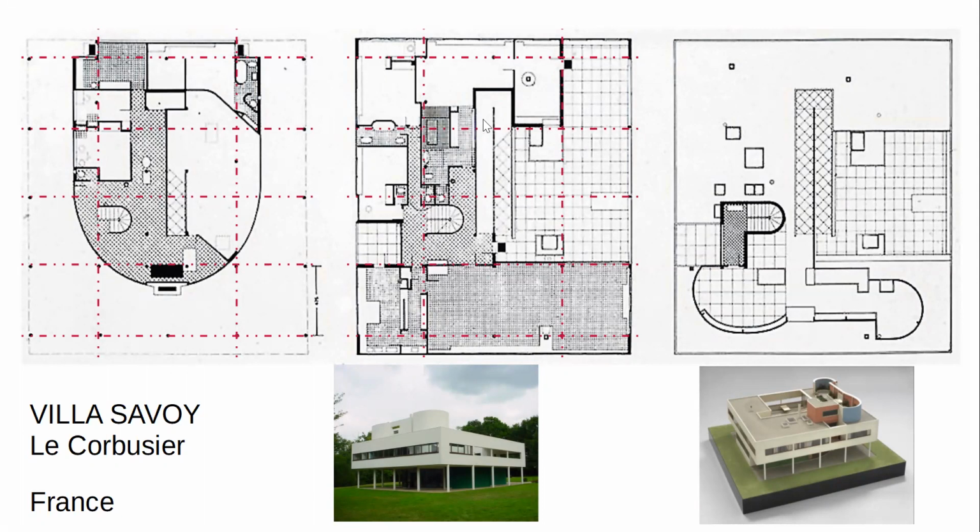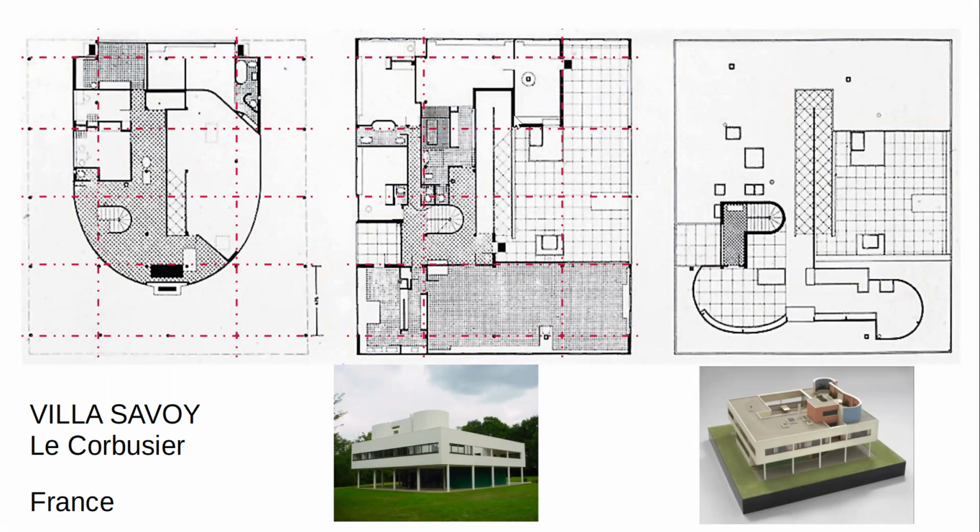So, for example, this is the ground floor here. The ground floor is that this column here, or this load-bearing wall here, is aligned with this grid line here. And then you can see that some of the walls on the ground floor are aligned here on the second floor, and also somehow here on the third floor.